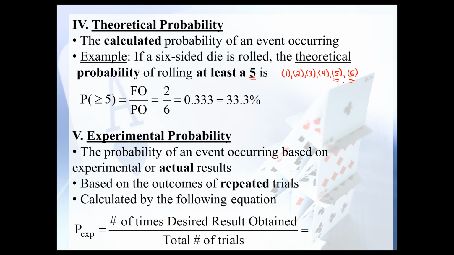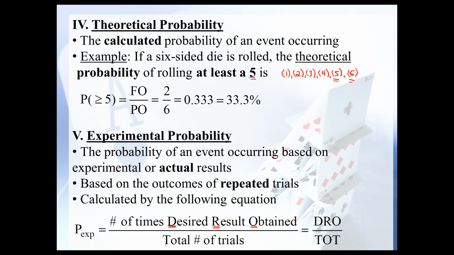I'm going to abbreviate it with an acronym, which looks kind of silly. For the numerator, the number of times a desired result is obtained would be DRO. This is divided by the total number of trials of the experiment, and I abbreviated total with TOT.